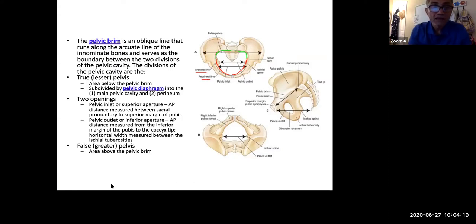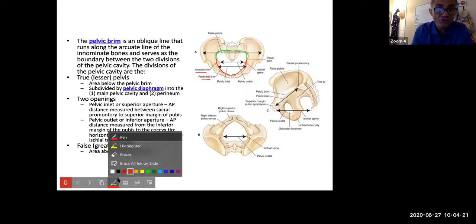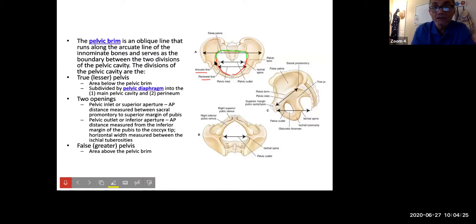So in this picture, I can show you, for example, this is your false pelvis or the greater pelvis.